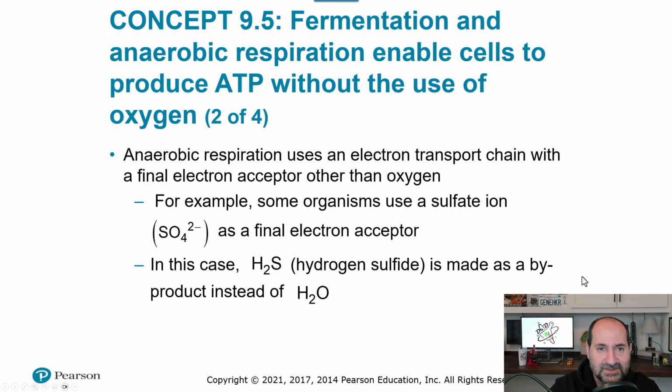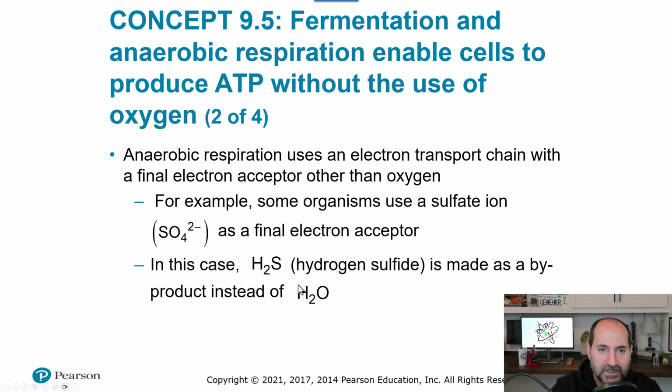All right, next, it is very important to understand the difference between aerobic respiration, anaerobic respiration, and fermentation. None of these three are equal. None of these three are the same thing. So let me explain first the difference between aerobic respiration and anaerobic respiration.